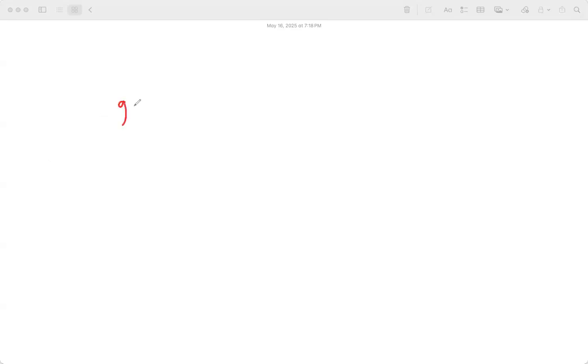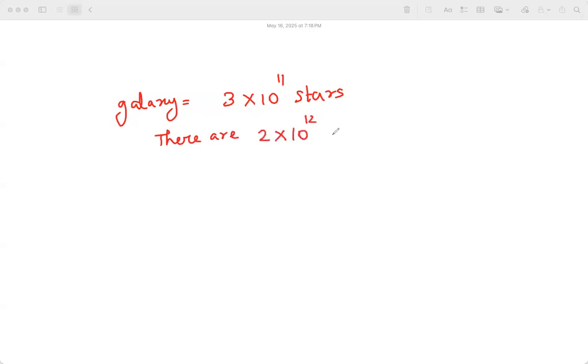Suppose a galaxy has 3 times 10 power of 11 stars. There are 2 times 10 power of 12 galaxies in the universe. How many total stars are there?